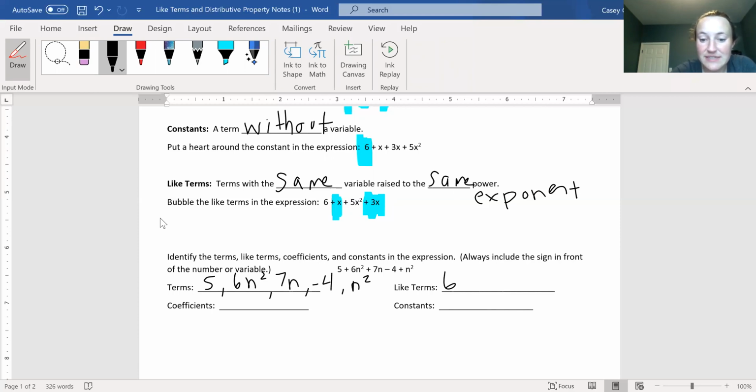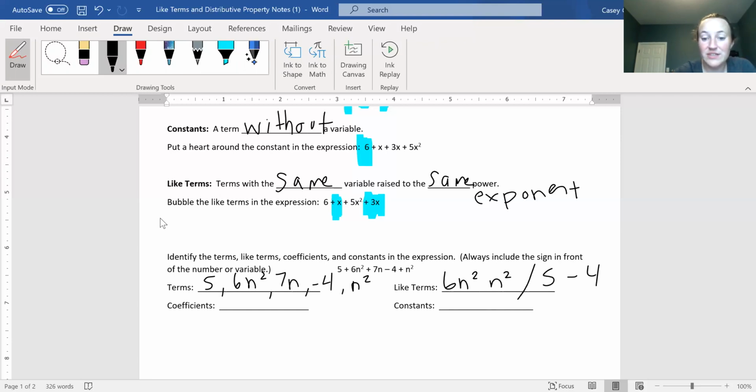So I've got 6n squared with n squared, and then we actually have another set. 5 and -4 are also like terms because they have no variable with them. They're just a constant. It doesn't matter that one's positive and one's negative. They don't have a variable, which makes them like terms.